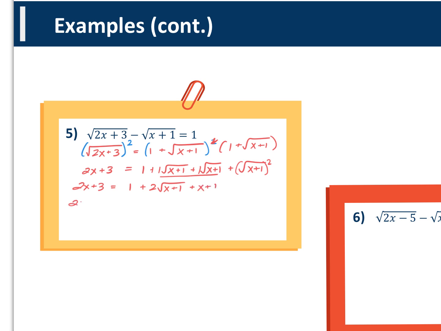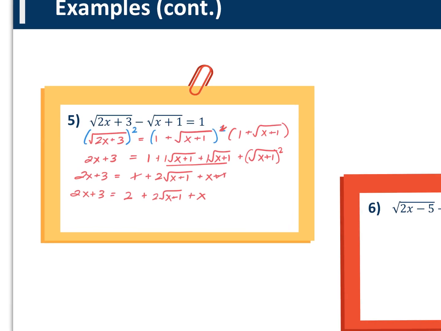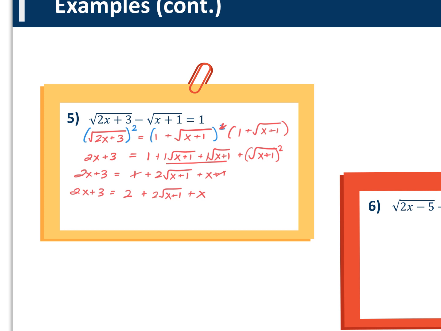So I'm still cleaning up my sides here, okay? So I've got 1 plus 1 is 2, plus 2 times the square root of x plus 1, plus x plus 1. So I combine these together, okay? Now let me try to combine my like terms across the equal sign.